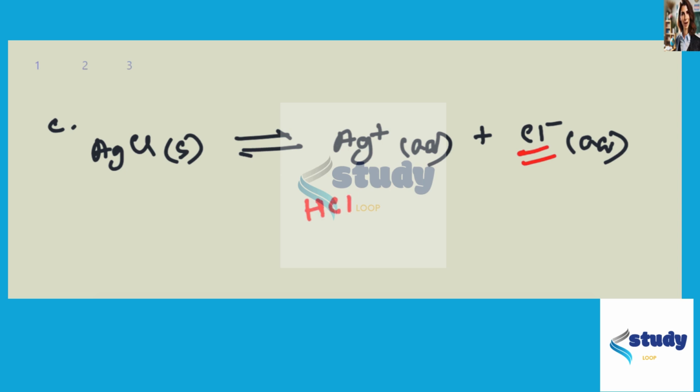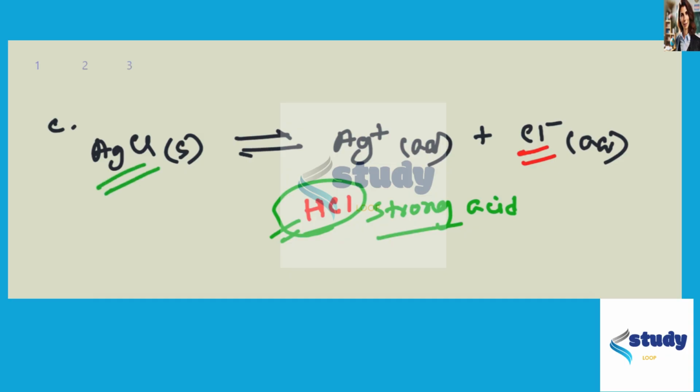As we know, HCl is a strong acid, which means the solubility of AgCl in an acid will produce another strong acid, and that's why this is not favorable. The formation of this will not be favorable in an acid, and that's why AgCl is not more soluble in acid.